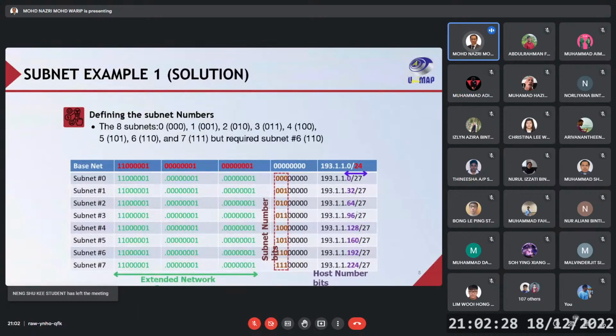How many devices can we configure, how many PCs maximum? 31. You said 31. Okay, how many more?